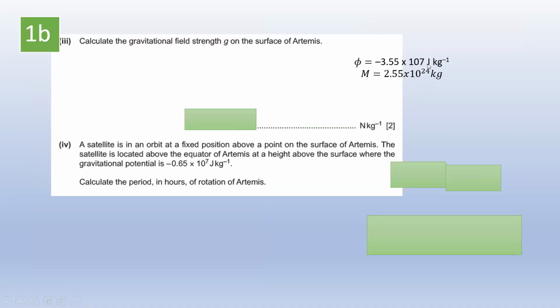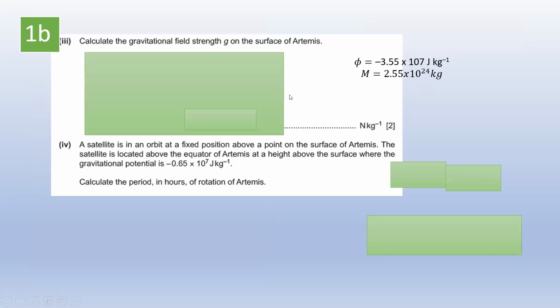This is what we have found. Calculate the gravitational field strength g on the surface of Artemis. We have used our formula, and g is GM over R squared. You can substitute in the value to calculate.